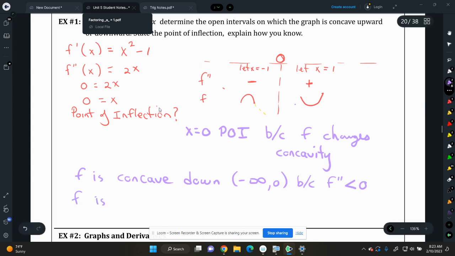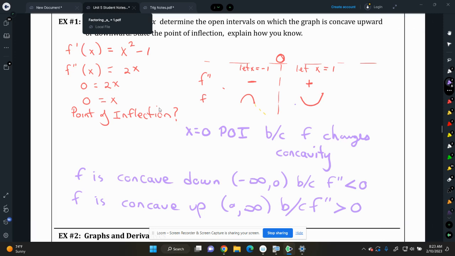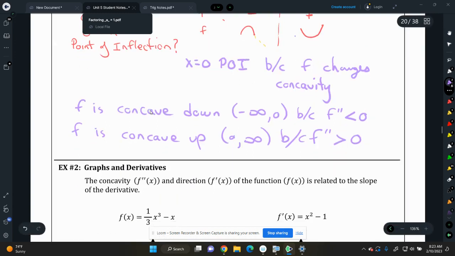And f is concave up from 0 to infinity, because f double prime is greater than 0. Okay. Pretty straightforward, right?